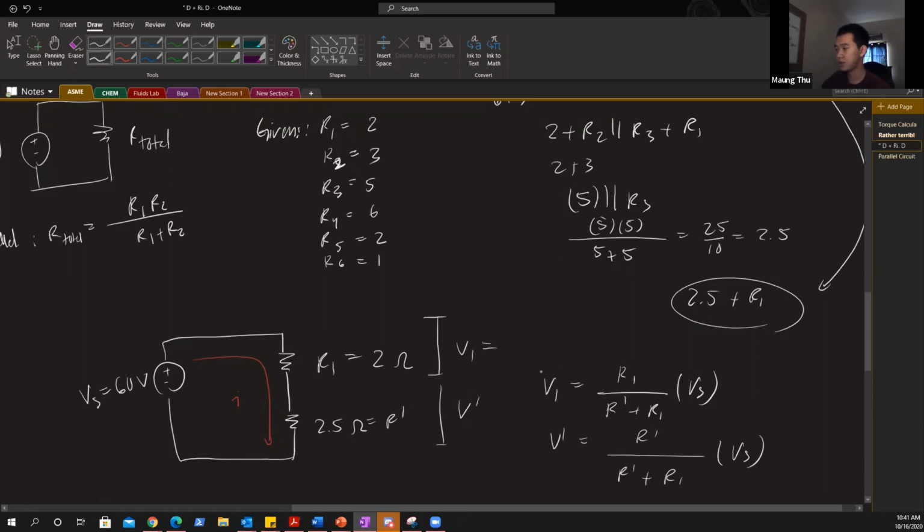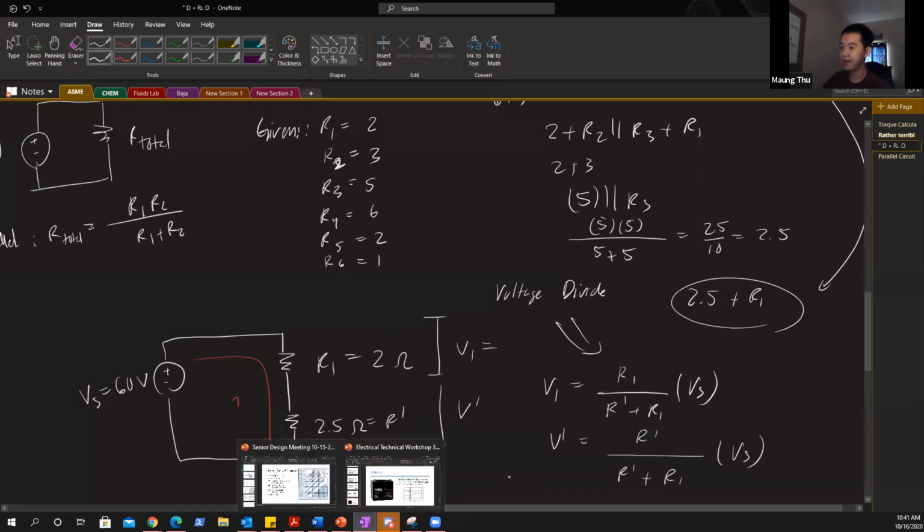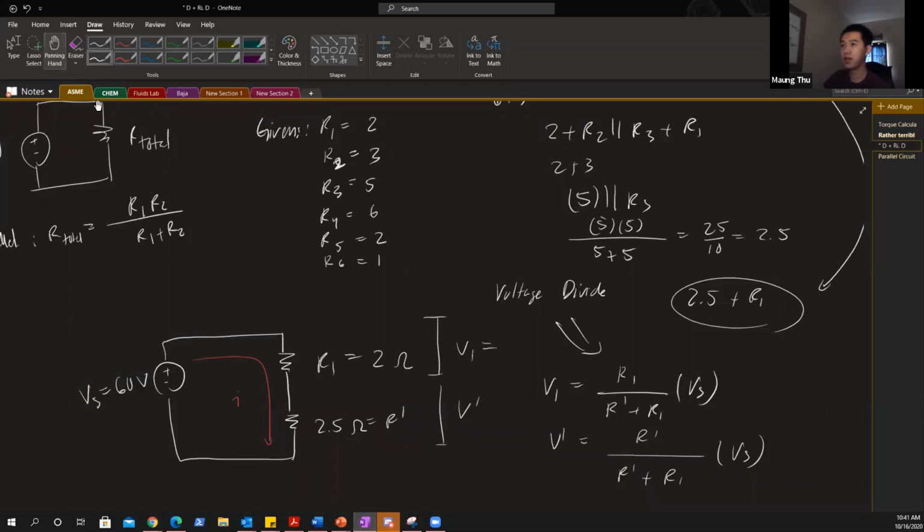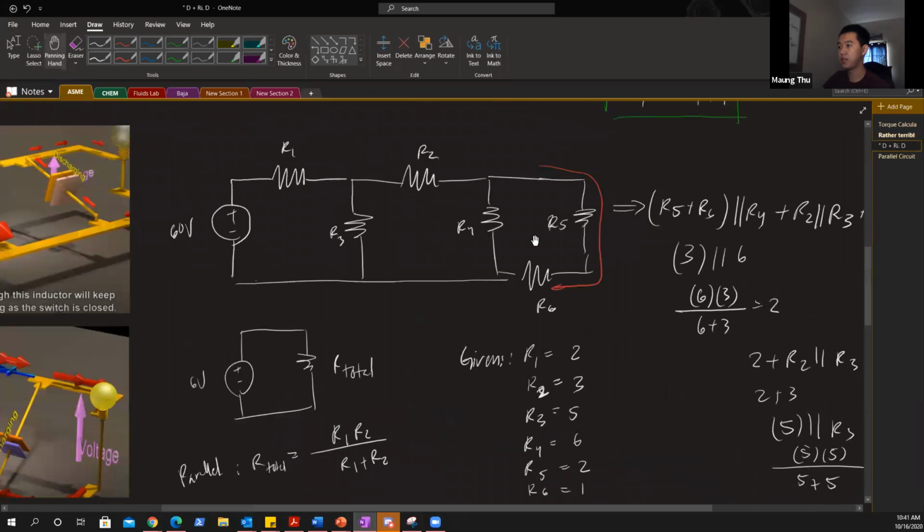Basically, this equation right here is called the voltage divider. Because you're dividing voltages across each resistance, you're basically kind of subtracting the voltage drop at each resistance. You can apply this logic anywhere on the circuit.